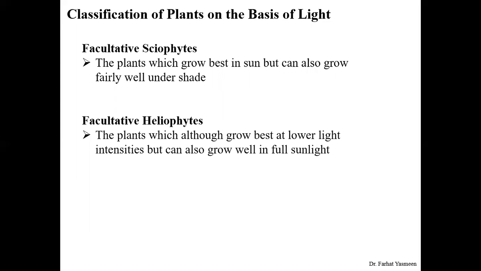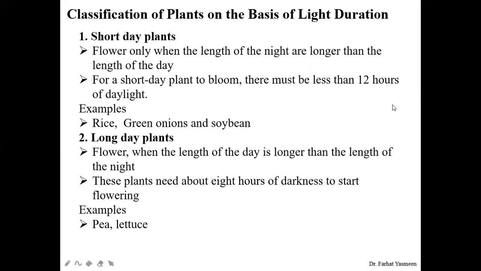There is another basis on which we can classify plants, that is on the basis of light duration, that is, how much duration of light is present. First is the short day plants. These are plants which flower only when the length of night is longer than the length of day. The light duration affects the flowering of those plants.